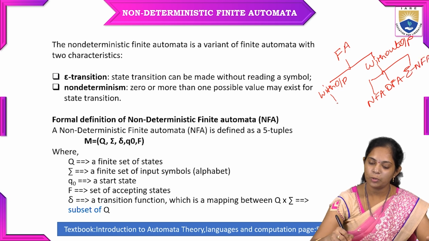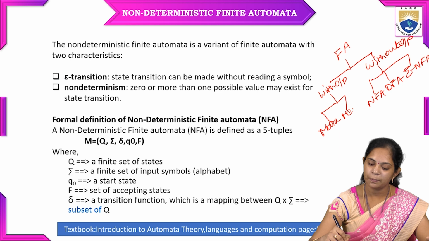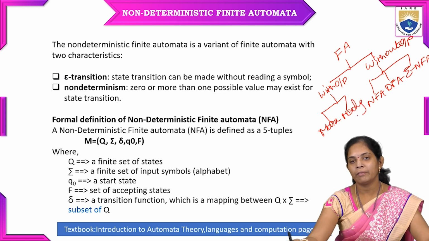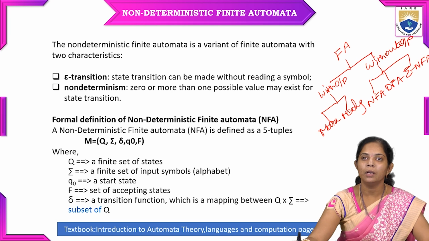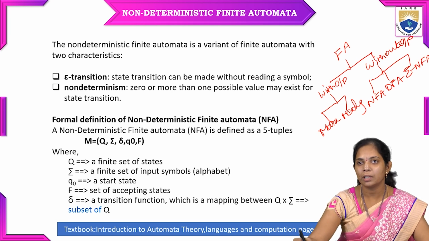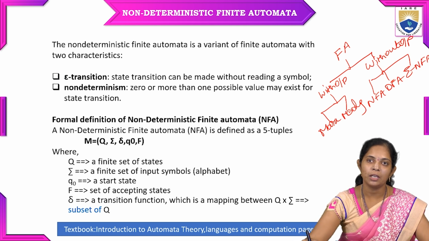With output, it has two methods, Moore and Mealy. Of these, we are now discussing the NFA, non-deterministic finite automata.